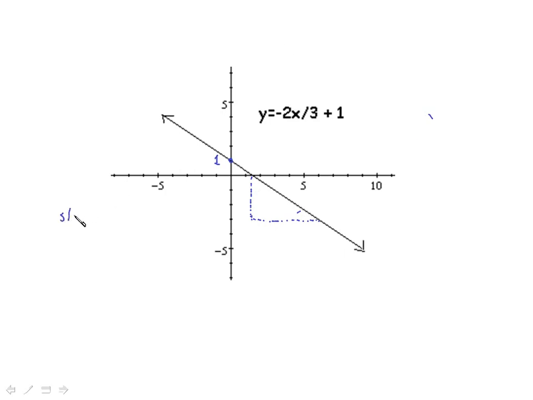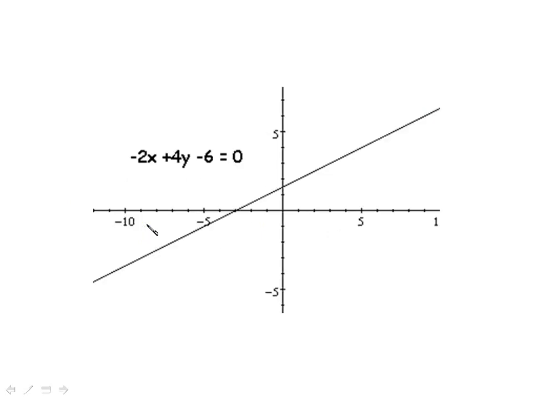So once again, not a big deal for us, but slope is always equal to rise over run. Sure you know that. So it's telling you how much the graph is changing vertically as opposed to how much it's changing horizontally. So it's a measure of the line's steepness. This other graph, the second one, would look like this.